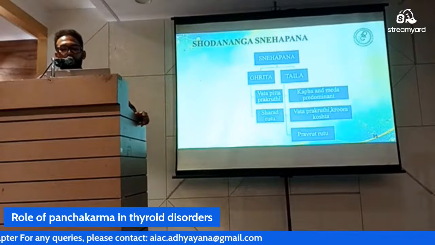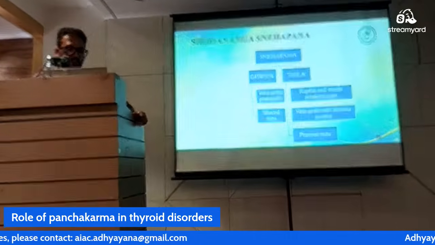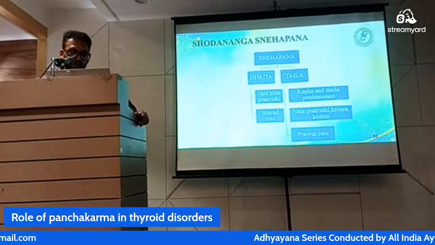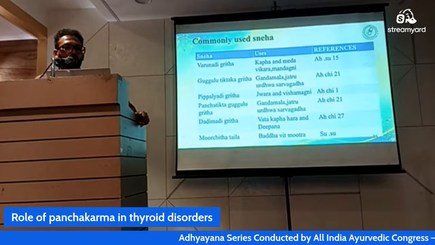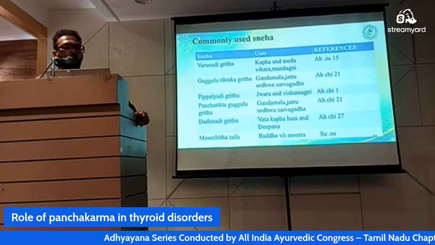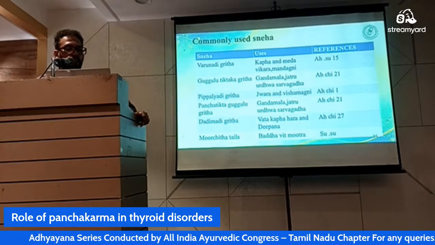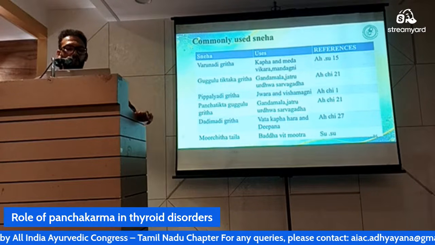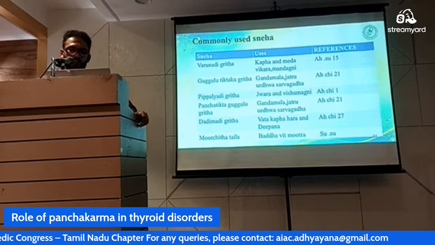Taila is indicated for Kapha and Meda predominant and Vata Prakriti persons, Krura Koshta, and in Pravrit Ritu you can go for Taila. Some of the commonly used Snehas for Shodhananga Sneha are Varunadi Ghrita, Guggulutiktaka Ghrita, Pippalyadi Ghrita, Panchatikta Guggulu Ghrita, Dadimadi Ghrita, and Taila is Murchita Taila, which is commonly used.